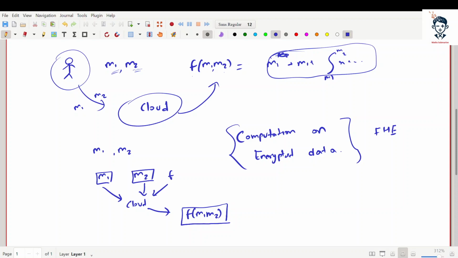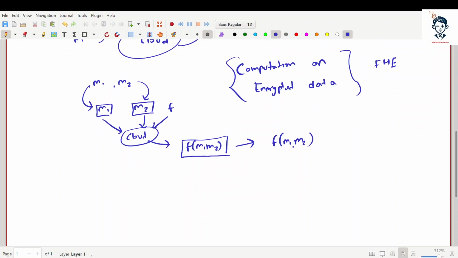So he is going to encrypt it with some secret which only he knows, and then send it to the cloud. Then the role of the cloud is to compute on this encrypted data and output this function f of M1, M2, which is encrypted. Then he will decrypt it with his secret key, and he will get this f of M. That is computation on encrypted data.